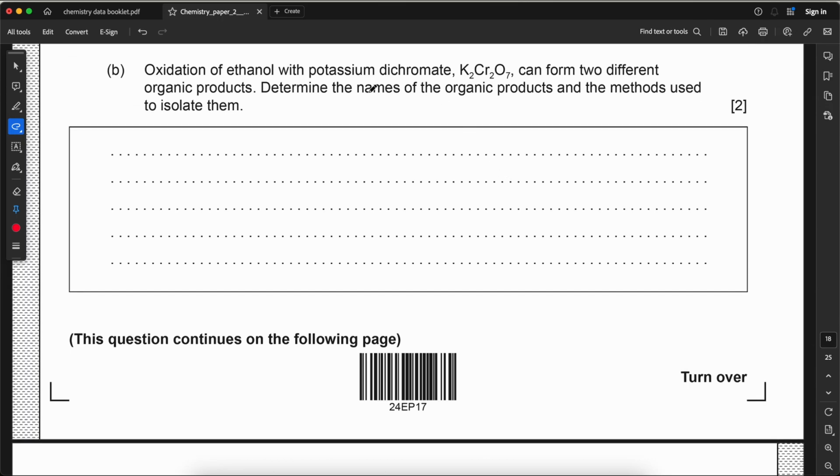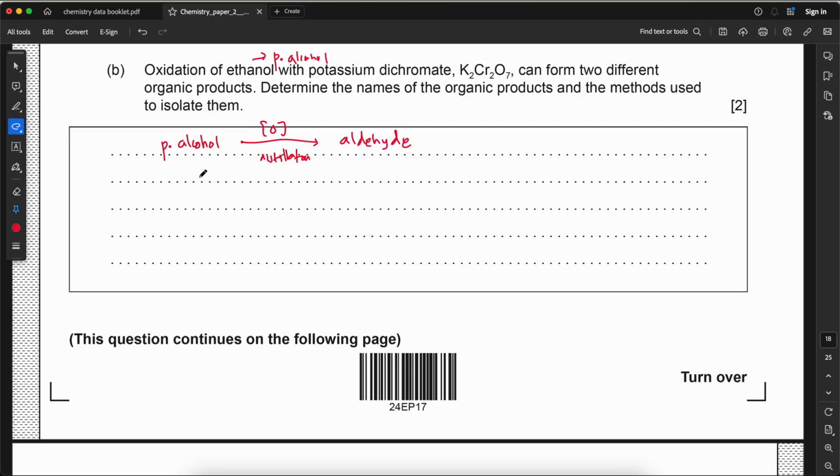Oxidation of ethanol. Ethanol is a primary alcohol. With potassium dichromate it can form two different organic products. So when you oxidize a primary alcohol the first time, with distillation and potassium dichromate, of course, you will produce an aldehyde.